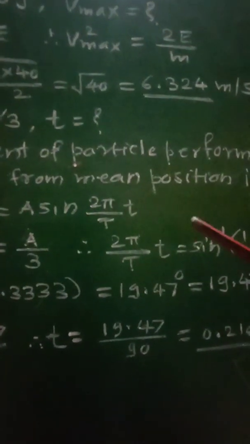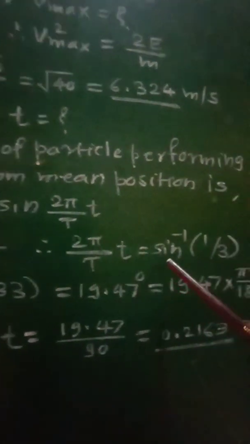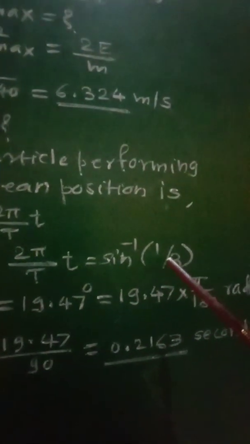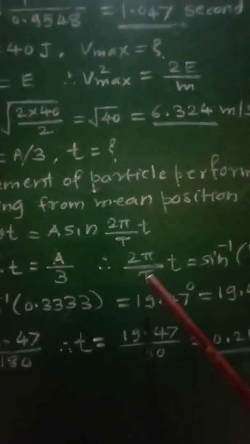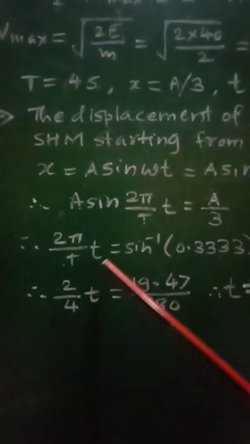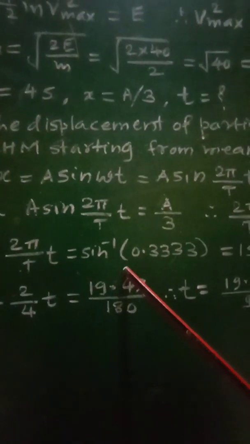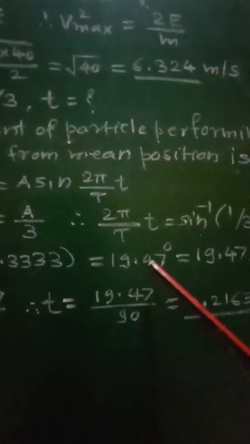Therefore further we can write 2 pi by T into t will be equal to sine inverse of 1 by 3. Cancelling a on both sides, we will get 2 pi by T into t equal to sine inverse of 1 by 3, which means sine inverse of 0.3333, which comes out to be 19.47 degree.